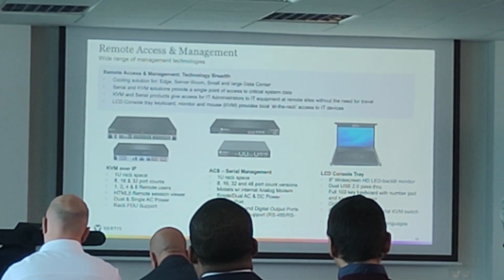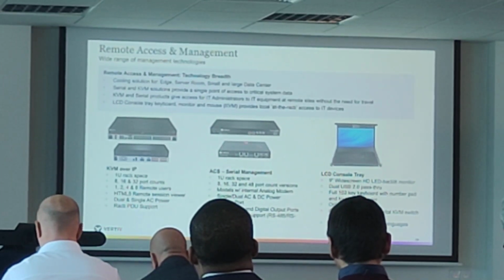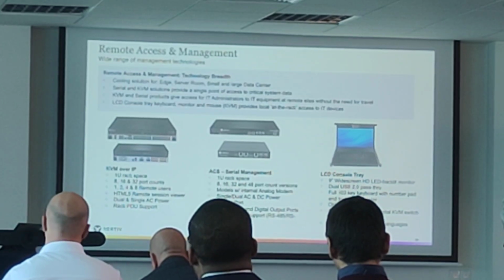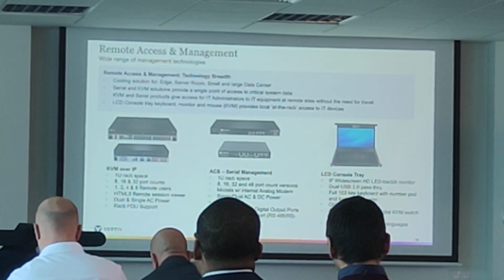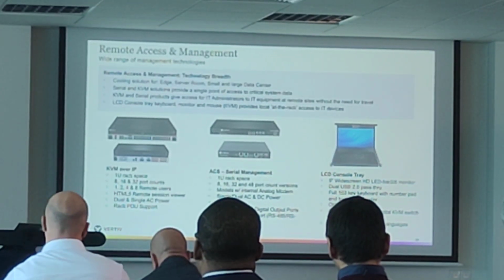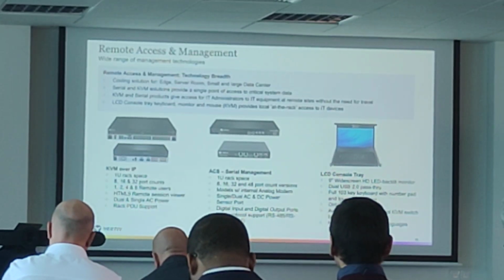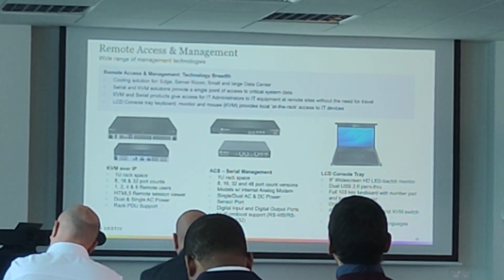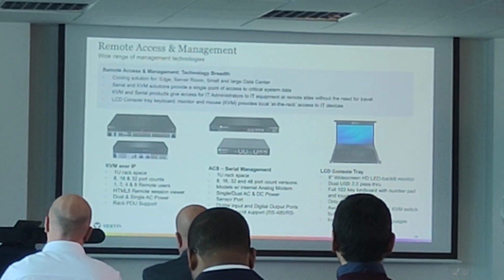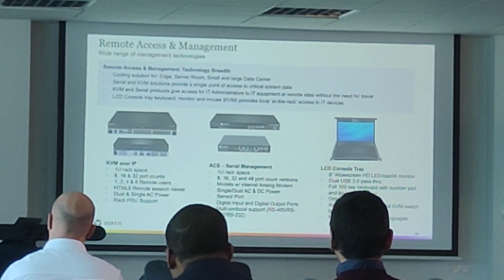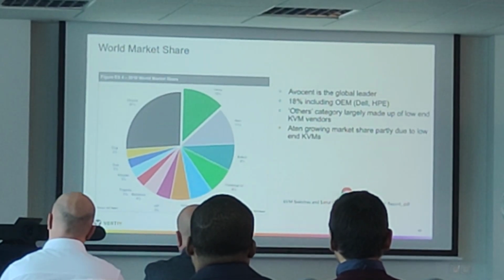Second one is serial management, and this is extremely important, and unfortunately it's ignored by a large part of the data center and server room builders. And third, simple local access right in front of the server.